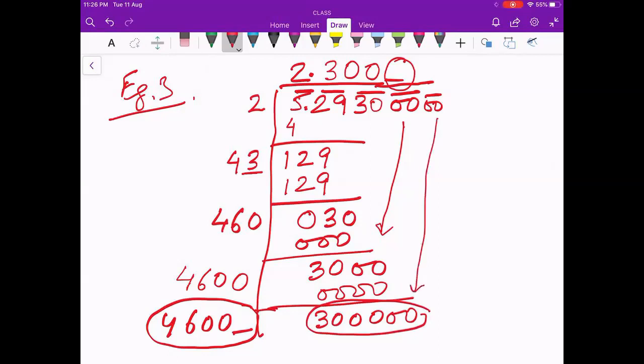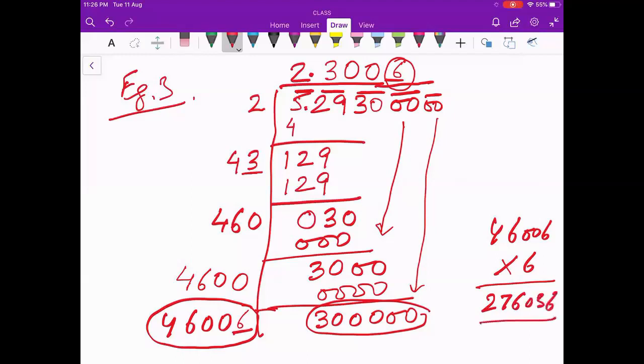By hit and trial, when you check, this number will be 6. So when we multiply, you will get this number.